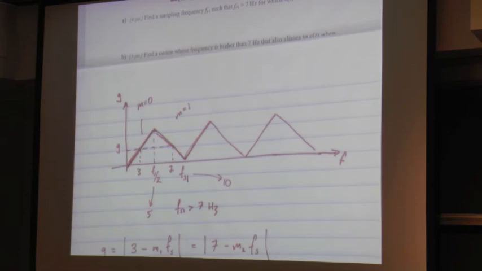So you have 3 minus fs absolute value equals 7 minus fs absolute value. This leads to two possible situations. You can have 3 minus fs equal to plus or minus 7 minus fs. To take away the absolute values, you have to account for both sides.